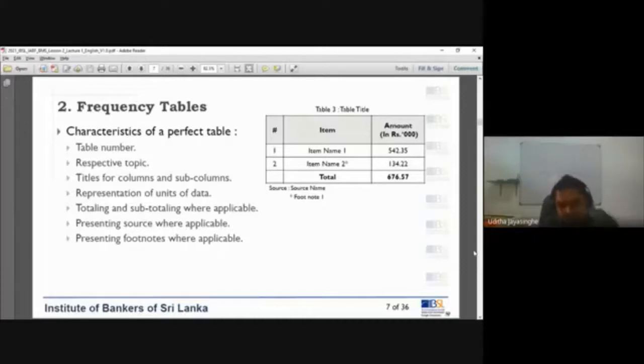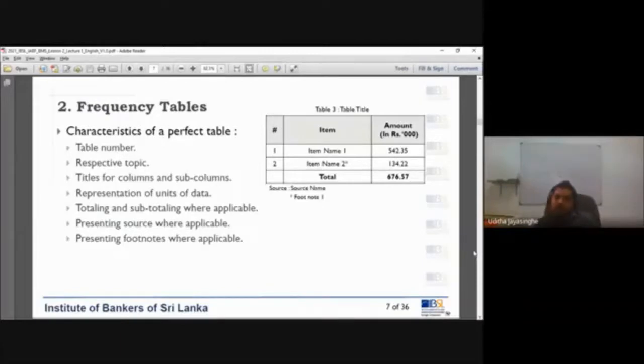The very first thing is whenever you do a table, refer to it by a table number. Look at the table that I have put on your right hand side. I call this table 3. Why do we give a table a number? It's easy to refer back, isn't it?